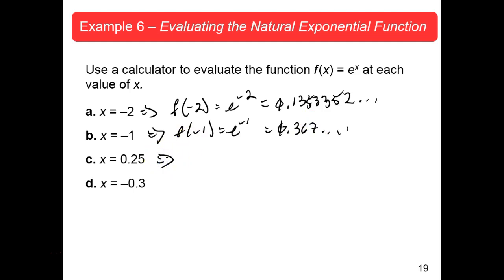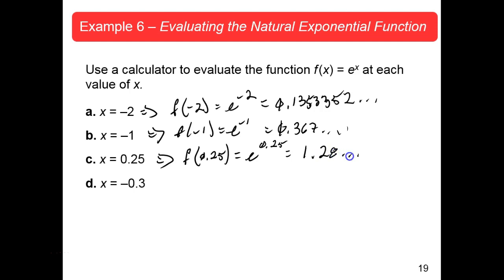All right. How about when x is equal to 0.25? So f of 0.25 would be e to the 0.25. And what would that give you? This is something greater than 0. So, 0.25 is greater than 0 but less than 1, so this is something between 1 and 2.7. 1 point, say?